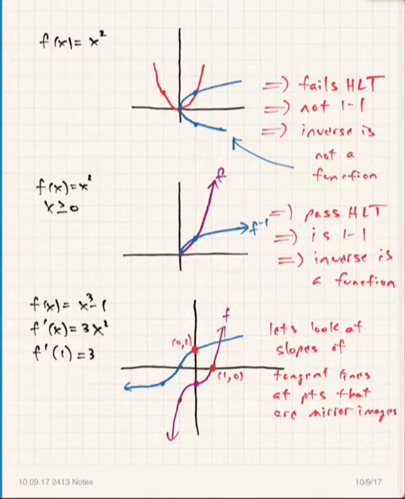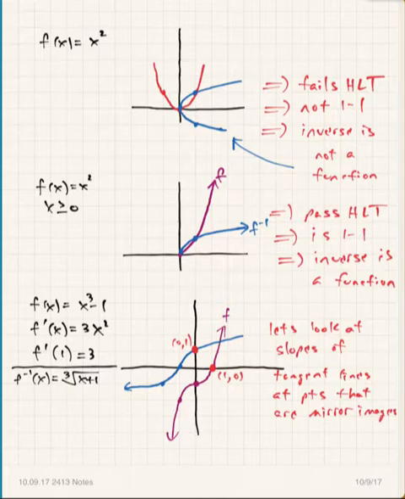Now let's look at the inverse function. The inverse function, f inverse, which we created on the previous screen, was the cube root of x plus 1. And so what we want to do is find the value of that derivative at the point (0, 1).